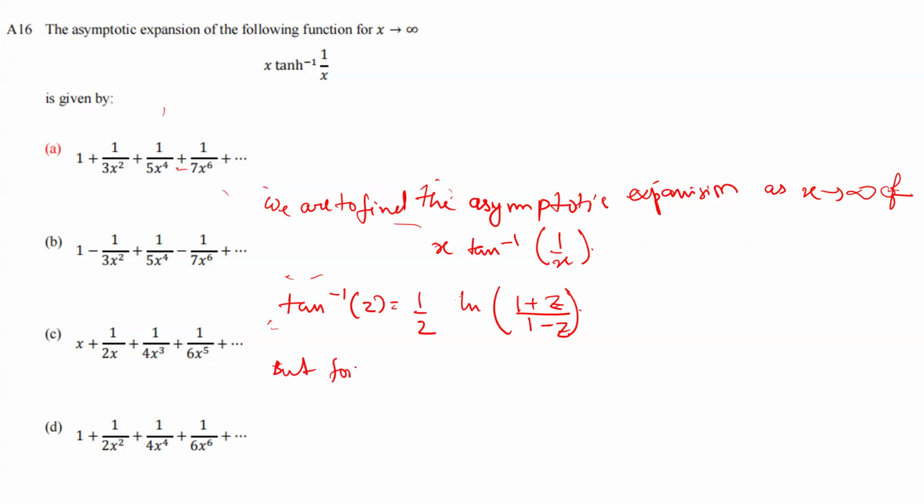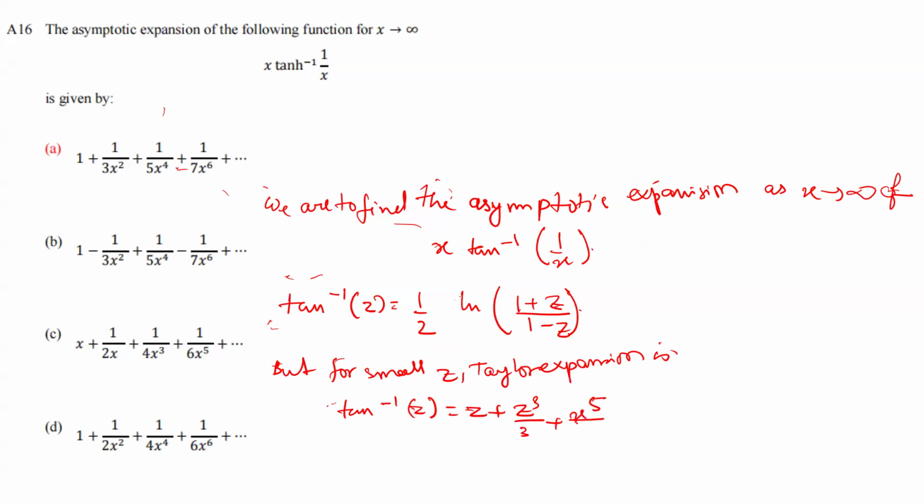But for small z, the Taylor expansion is tan inverse z equal to z plus z cube by 3 plus z to the power 5 by 5 and so on, right?